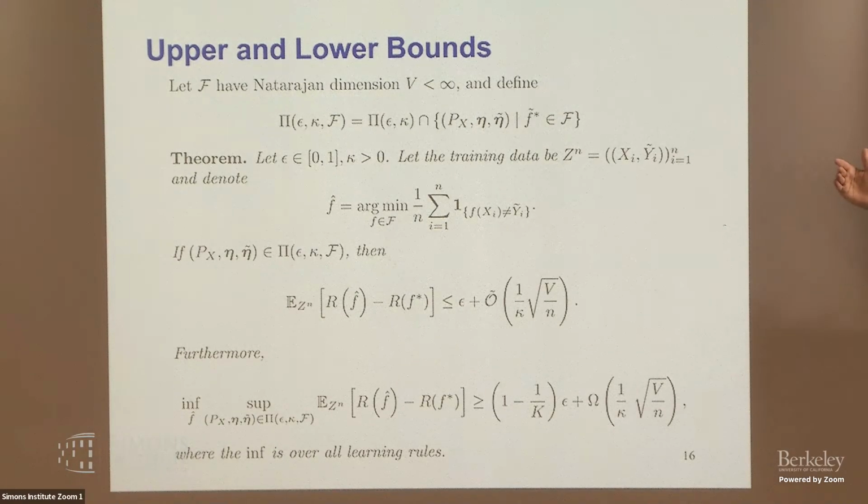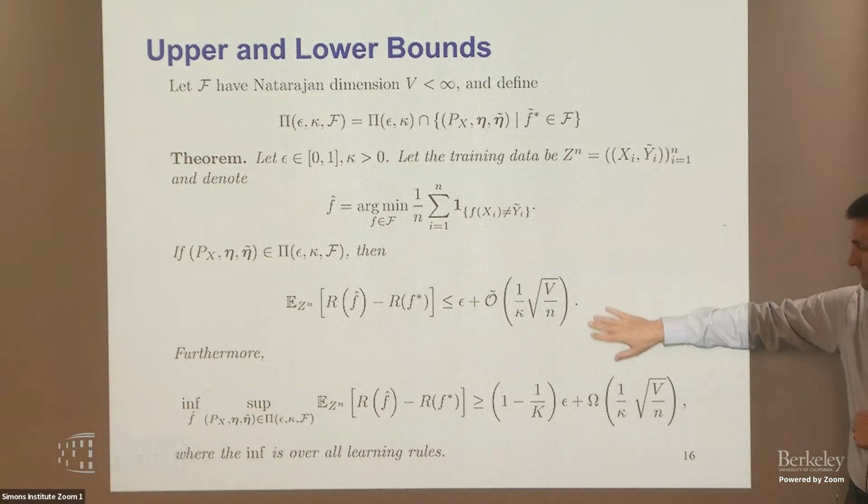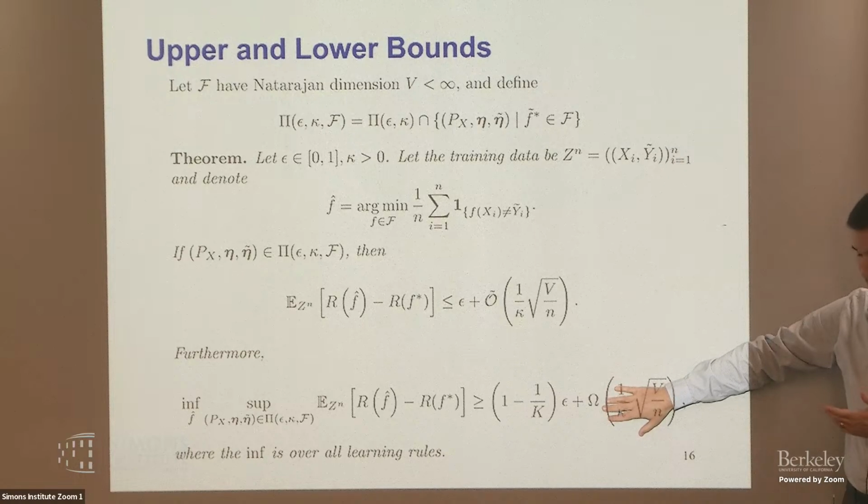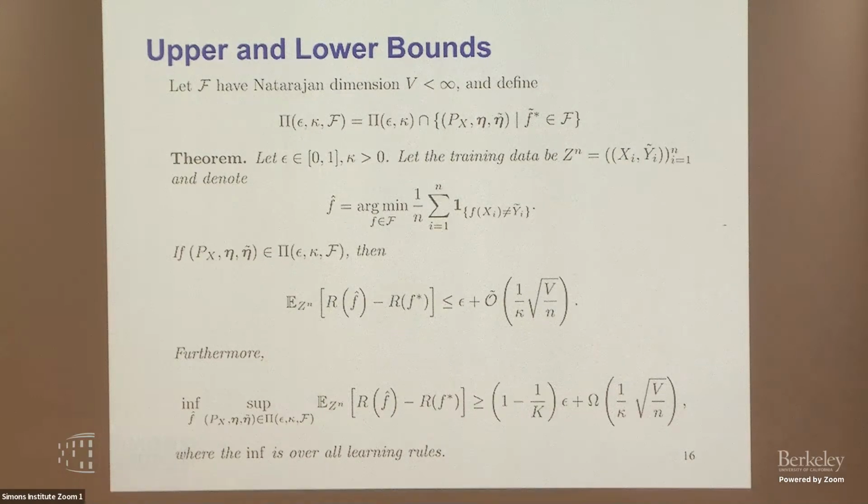You could take other learning algorithms that you like to analyze and plug them in and get similar upper bounds here, and presumably get corresponding lower bounds. And so the take-home message here is that just being ignorant to the noise, it's hard to do much better, if at all.